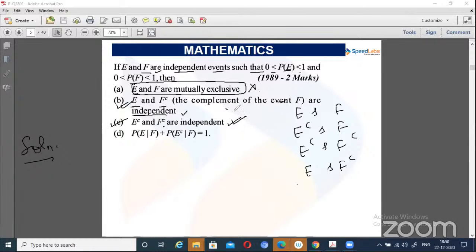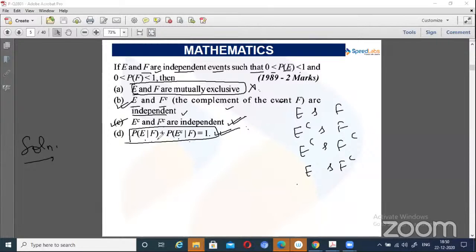Very correct. P of E given F plus P of E complement given F is equal to 1. Is this correct? Anyone? Yes, no, maybe? This is also correct.